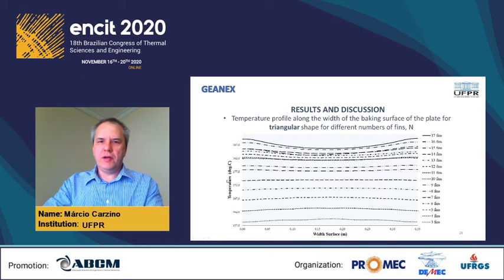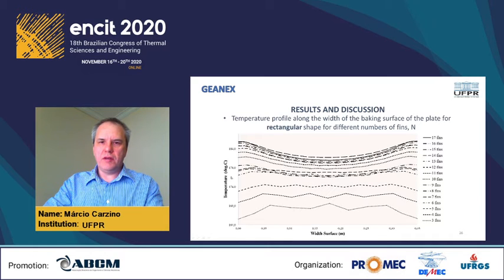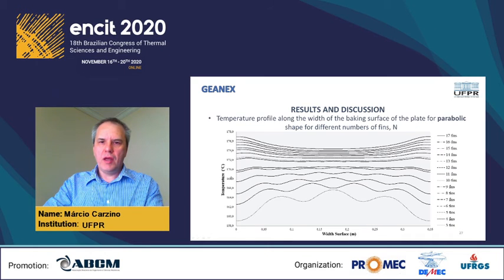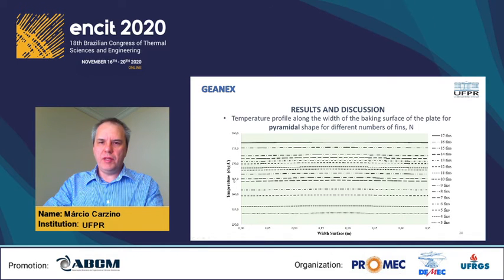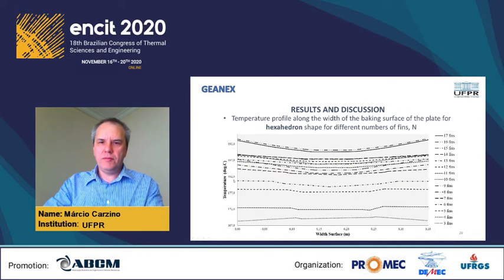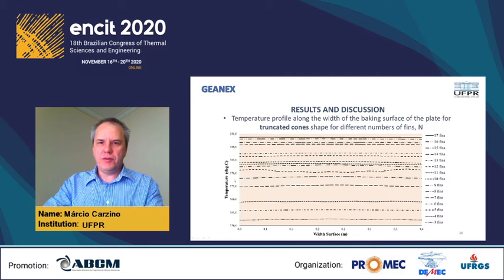Here the triangular, rectangular, parabolic fins, pyramidal, hexahedron, and truncated cones. The truncated cone fins give results like the pyramidal, also showing a straight line resulting in a constant temperature on the baking surface, and this is good.